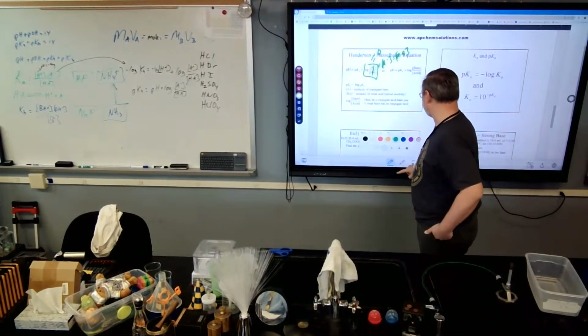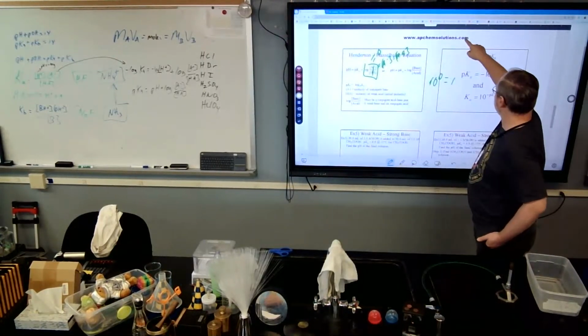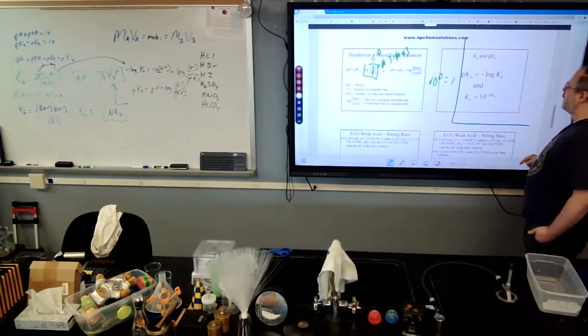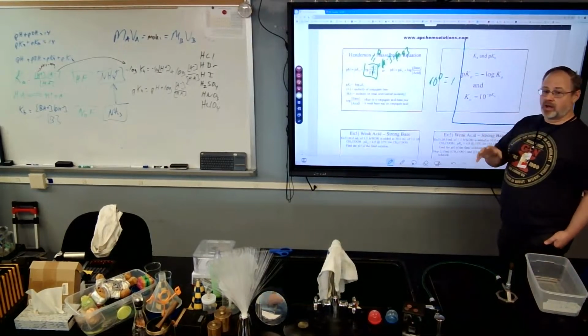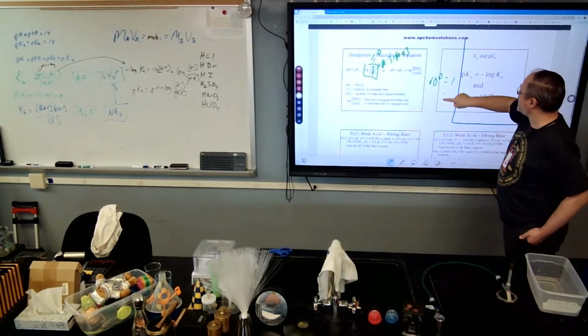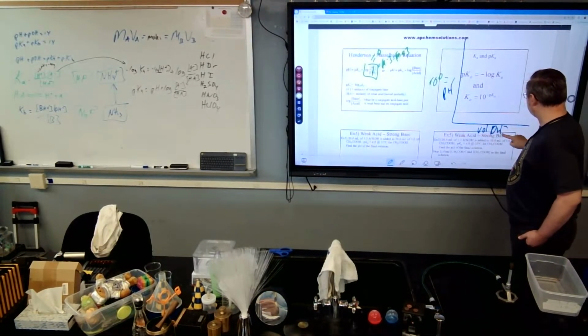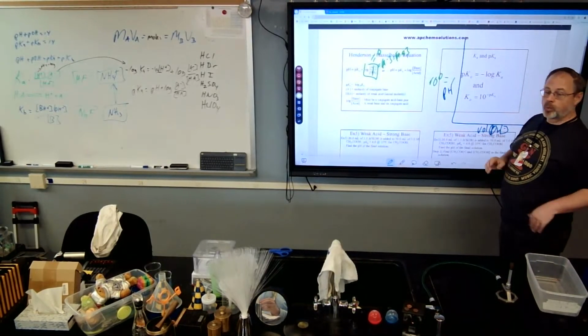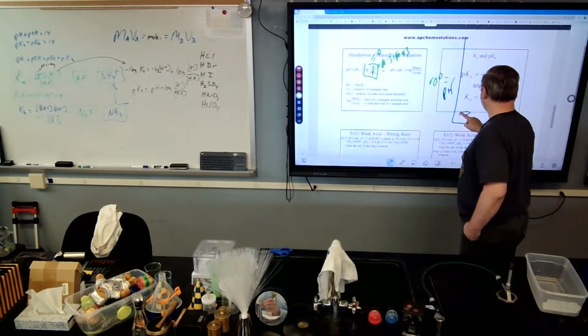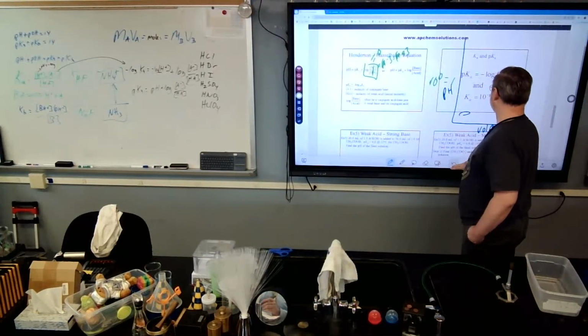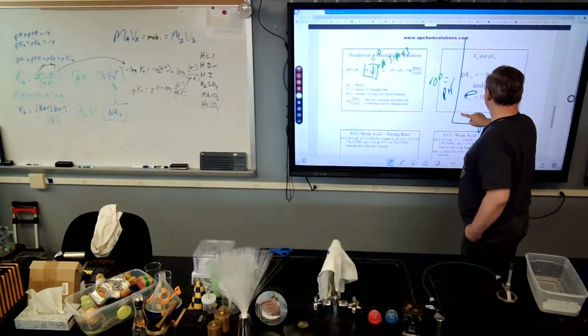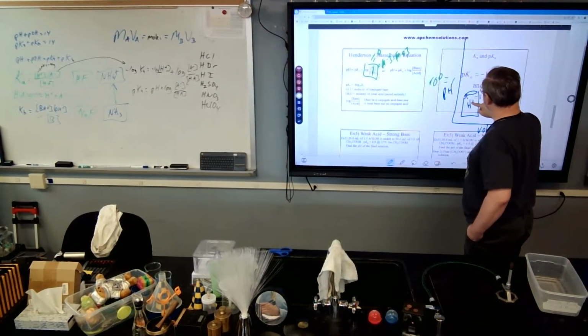Let's draw on here. Imagine you're going to graph the pH, and you're going to graph the volume of OH minus that you're adding. We're going to start with a beaker, and in this beaker you've got a whole bunch of H plus.